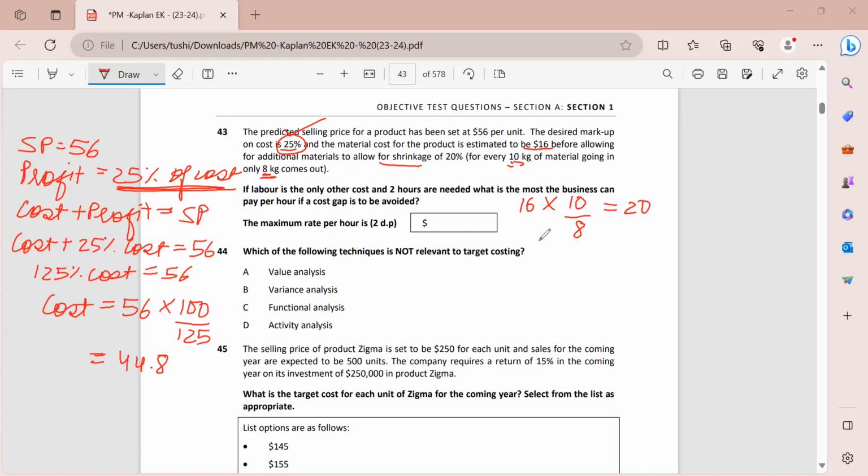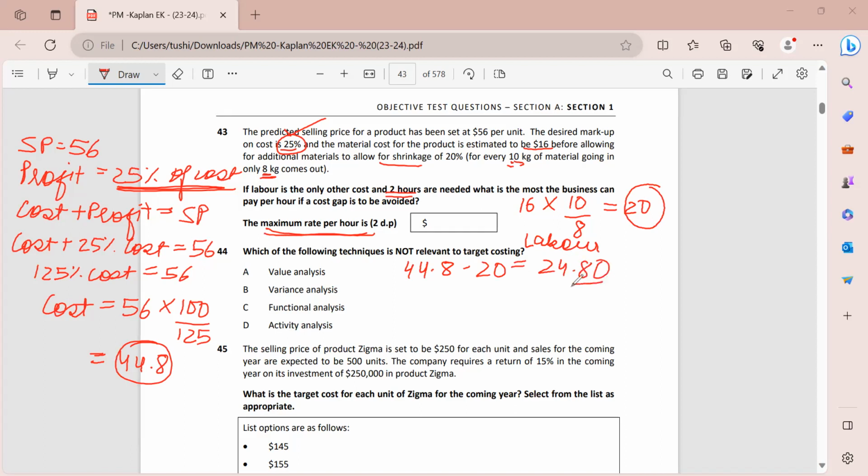For labor, I need 2 hours. It is mentioned that labor requires 2 hours. So what is the maximum rate that we can offer to the labor? I will simply find the difference between my target cost and my material cost. So 44.8 minus 20 gives me 24.8.